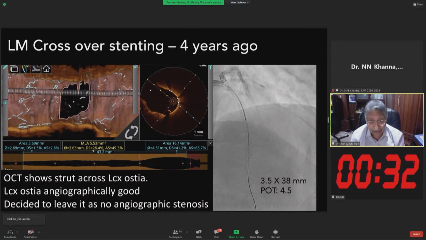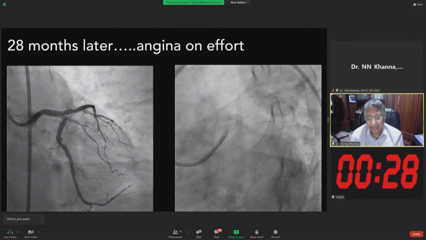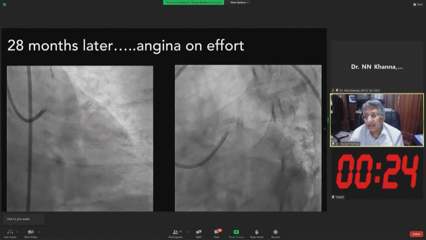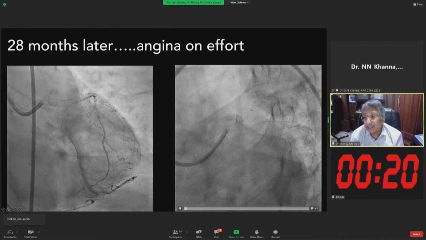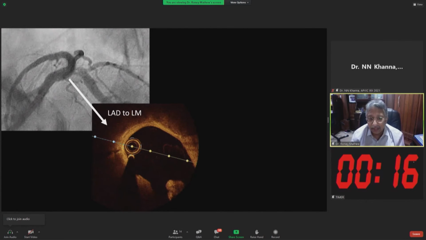This was 4 years back. This gentleman comes back with angina. And if you look at his angio, you do find a lesion right at the ostium. We have about 7 such similar cases. And if you look at the LM OCT pullback, you find that the circumflex ostium is divided into 2.